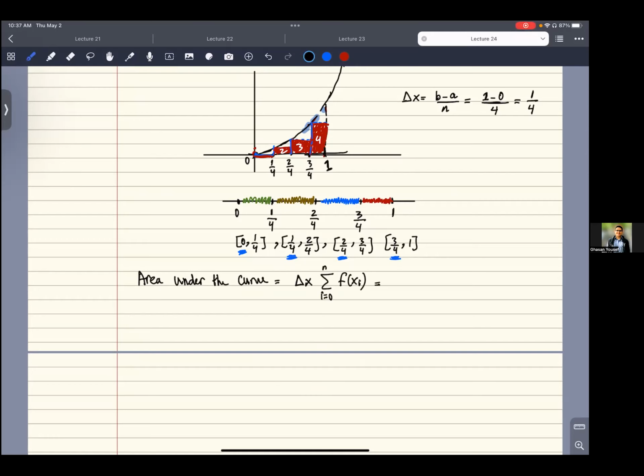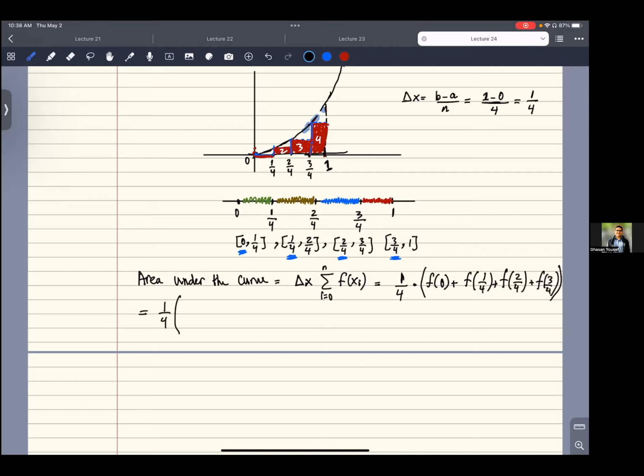Okay, what is delta x? Again, it is 1/4 times f of xi, which would be f of 0 plus f of 1/4 plus f of 2/4 plus f of 3/4. 1/4 times, what is f of 0?